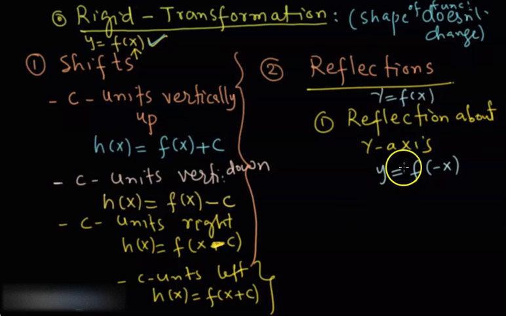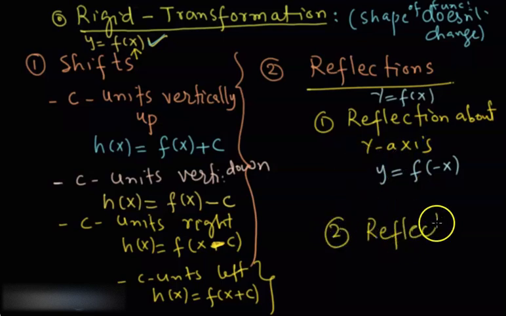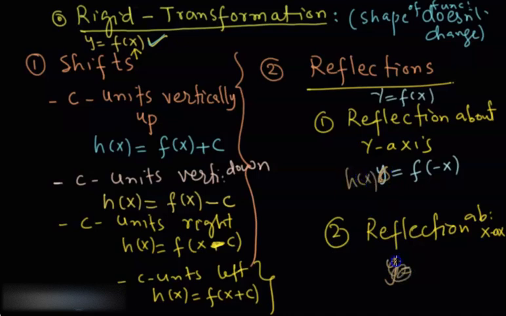On the same lines, reflection about the x-axis. What do we mean by this? It means that your new function h of x is minus times this function, then this function will be a reflected version of this function about the x-axis.